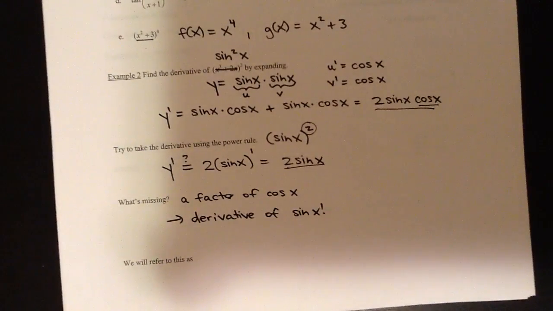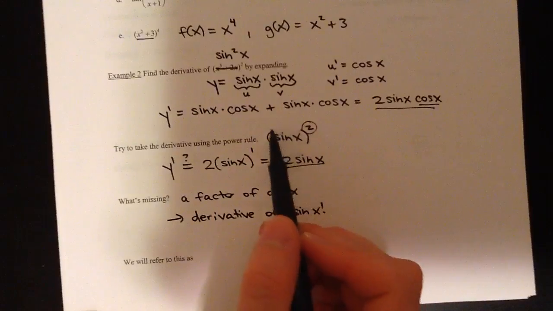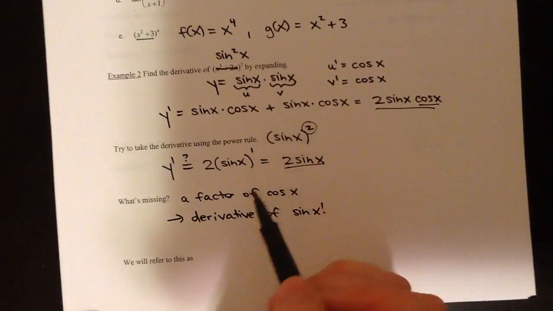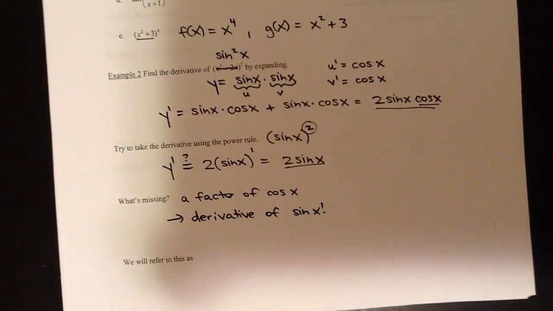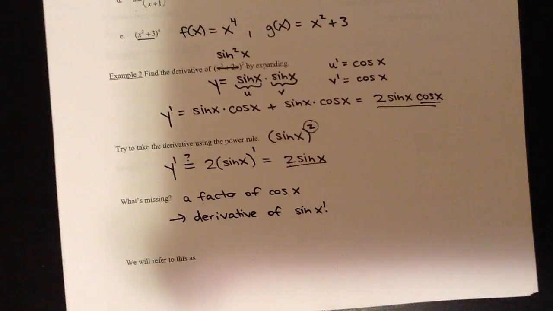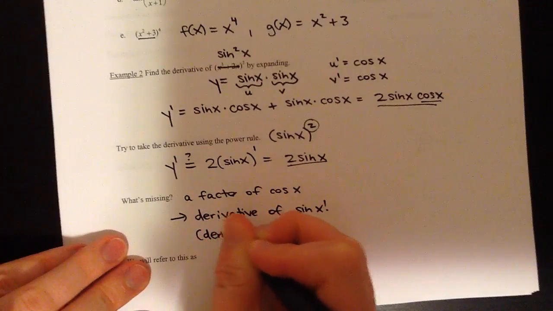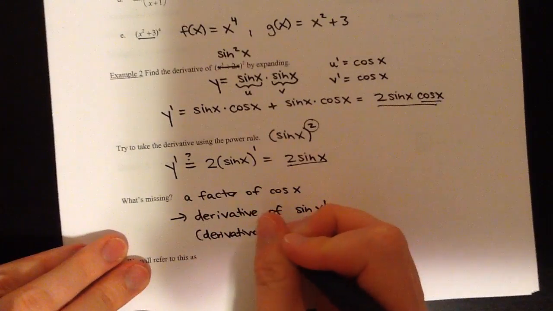Now sine is the nested function, if you look at it like this. When I have my inside function and my outside function, sine is the nested function, and this extra factor of cosine was the derivative of sine, which is the nested function. So the missing factor was actually the derivative of the nested function.